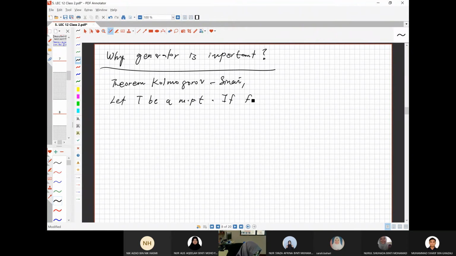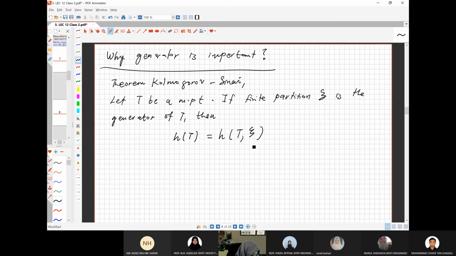If finite partition psi is the generator of T, then you can find the entropy of the transformation is equal to the entropy of T of psi, where psi here is the generator.